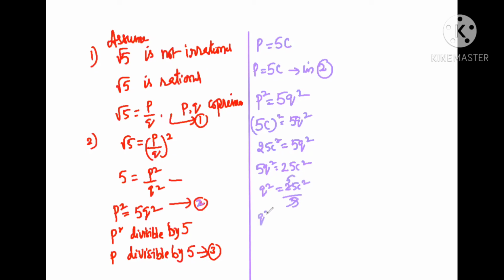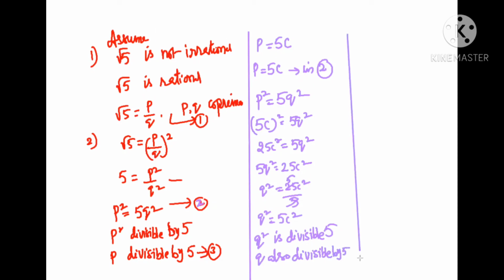So q square is equal to 5c square. So q square is divisible by 5. Then q also divisible by 5. So this is taken as the fourth one.